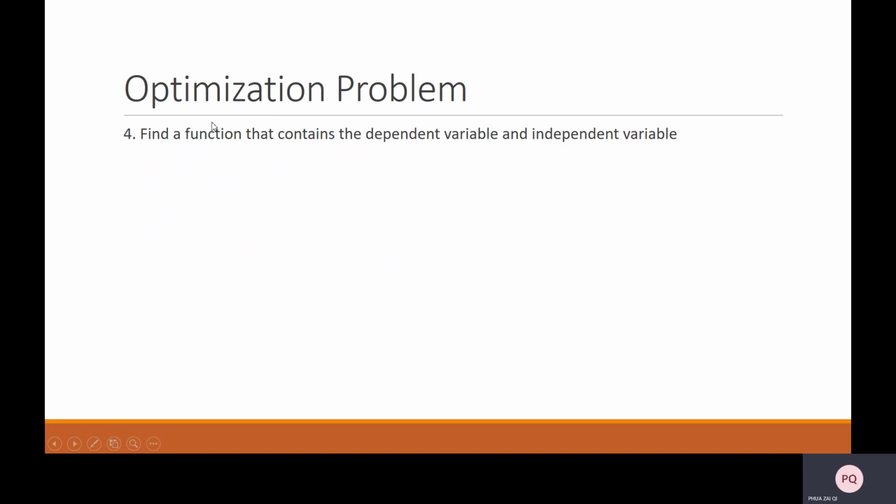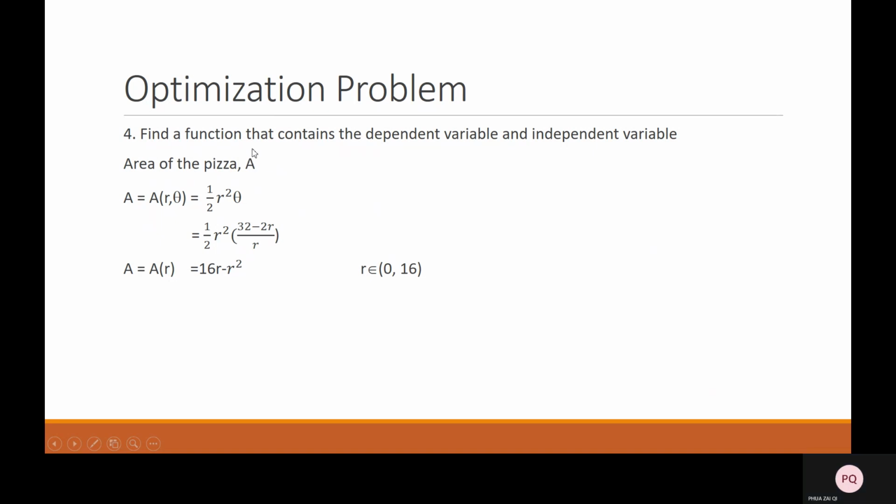After that, we need to find a function that contains both the dependent variable and the independent variable. In this question, it is very obvious that the function that contains both variables is the area of the pizza, which contains both the radius and the theta variable, and is given by half times r squared times theta.